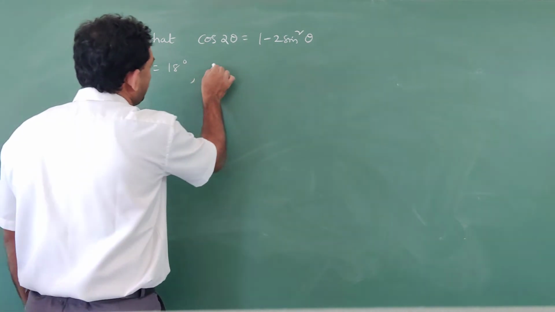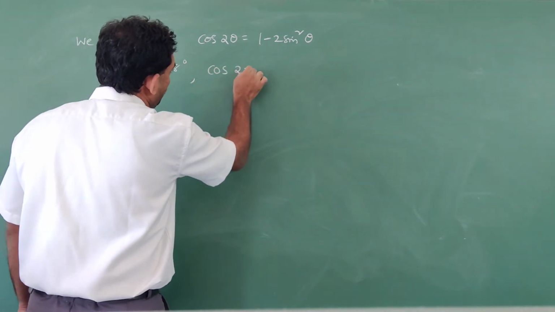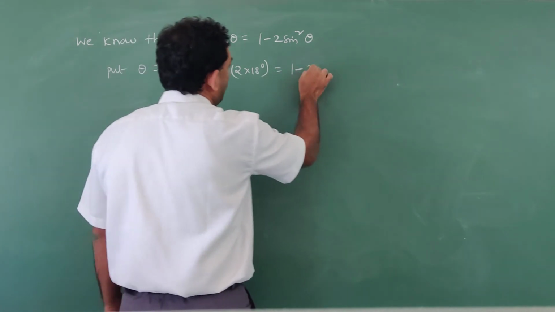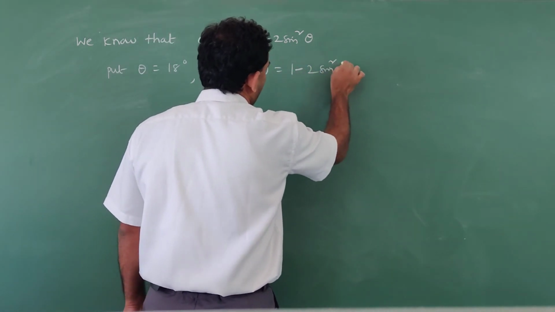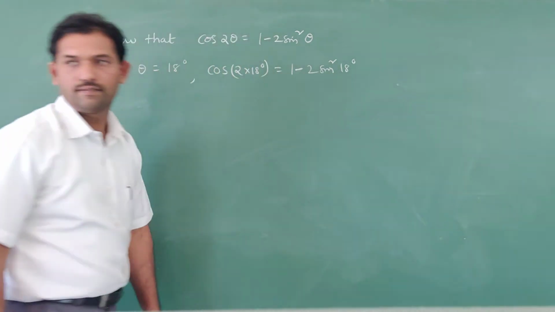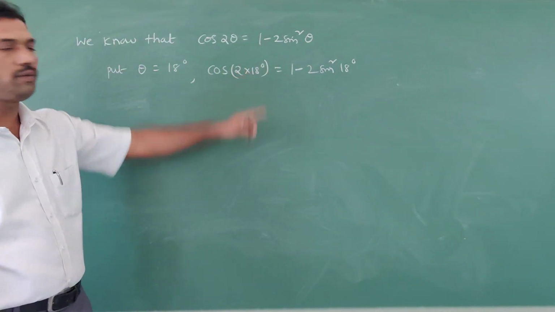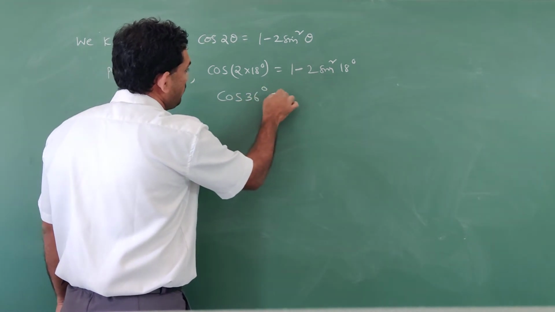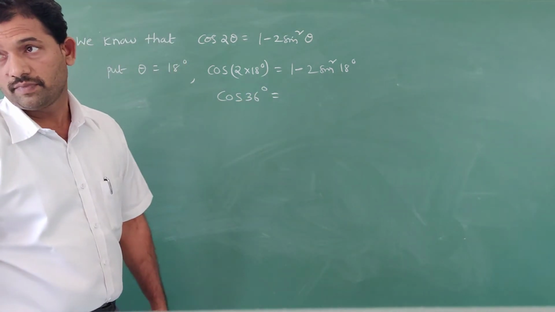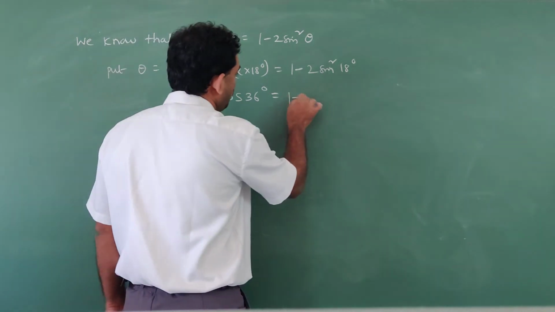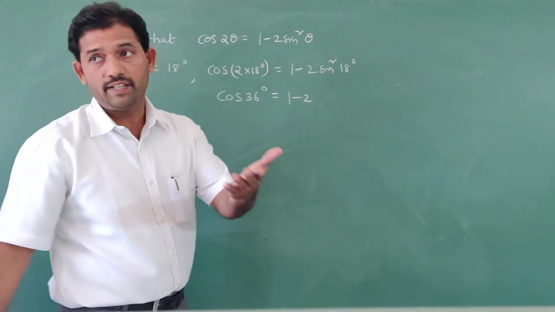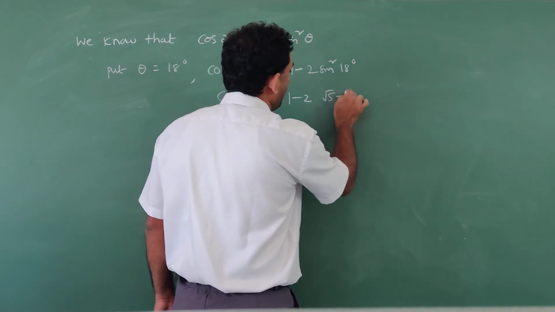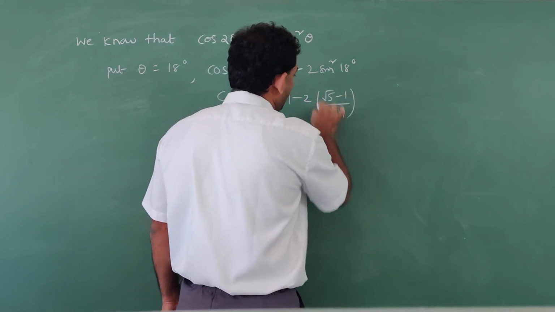Cos 2 into 18 degrees is 1 minus 2 sin square 18 degrees, right? So cos 36 degrees is equal to 1 minus 2 times sin 18 degrees, already simplified: root 5 minus 1 divided by 4, whole square.